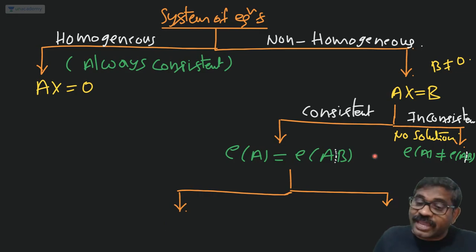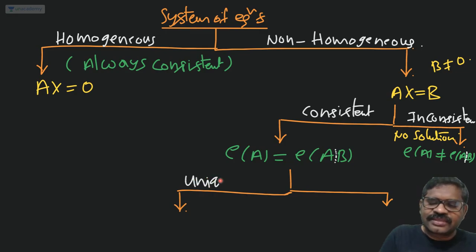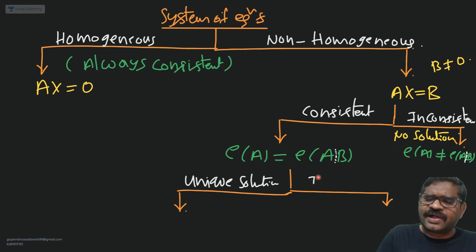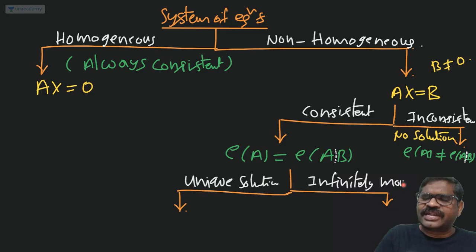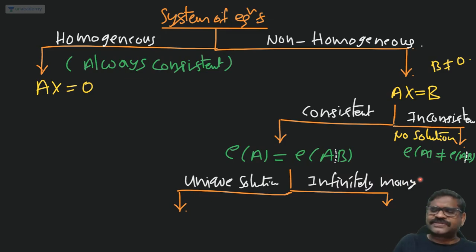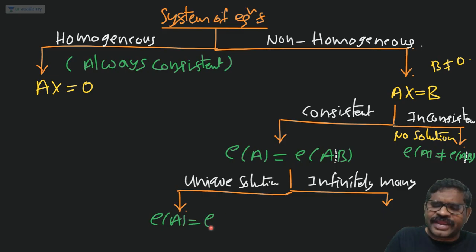Rank of A equal to rank of AB, then it is consistent. If it is consistent, it has two possibilities: either a unique solution or infinitely many solutions. If it possesses a unique solution, rank of A equal to rank of AB equal to the number of variables.